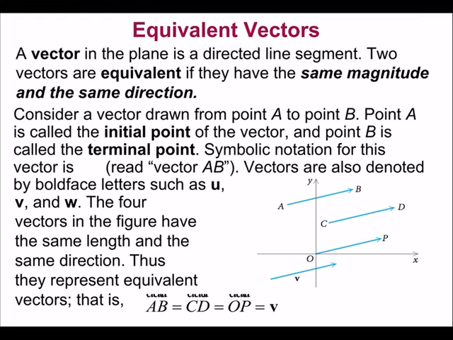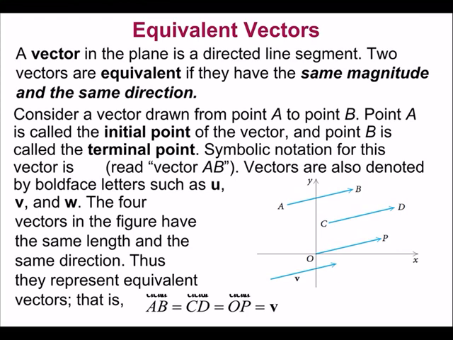All right, I want to take it a little bit further and talk about what it means for two vectors to be equal, equivalent vectors. Since vectors are defined by magnitude and direction, to be equal, they're going to have to both have the same magnitude and, of course, the same direction. You can see that in these examples here with vectors AB, CD, OP, and vector V. In common vector names, we use boldface letters like vector V there.